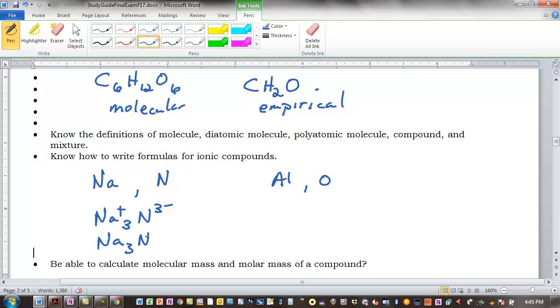What's really happening is sodium is losing electrons and nitrogen is gaining them. Nitrogen gains 3, but each sodium can only give 1 electron, so we need 3 sodiums, each giving 1 electron to give nitrogen 3.